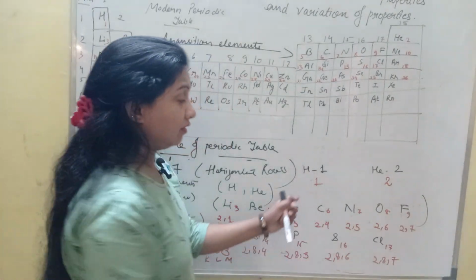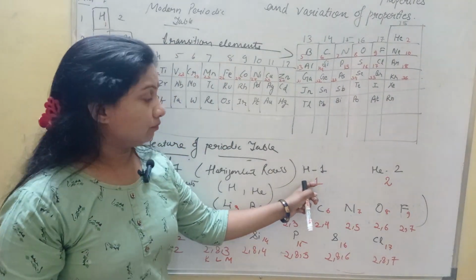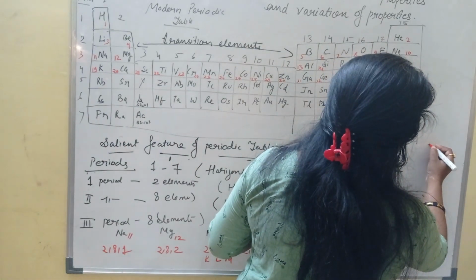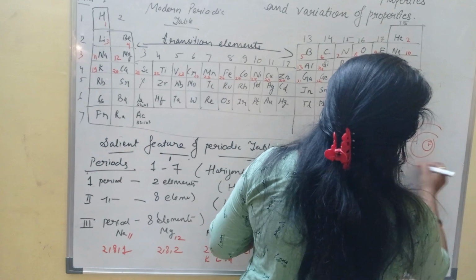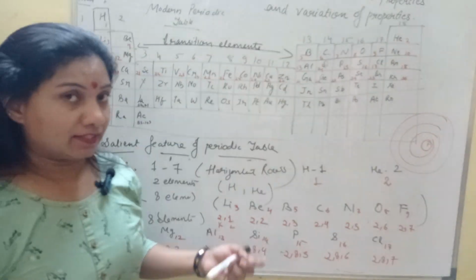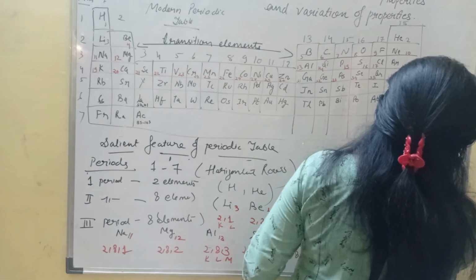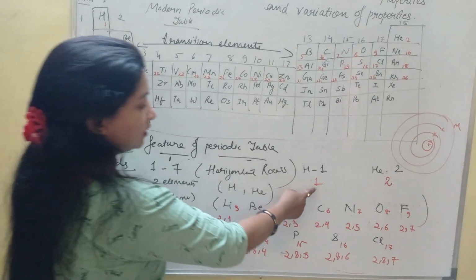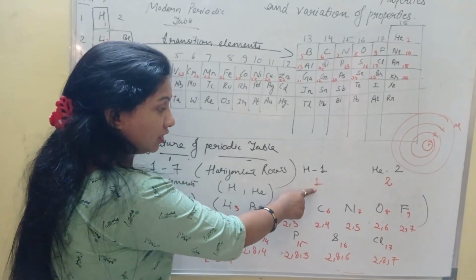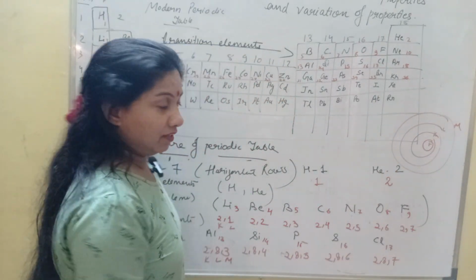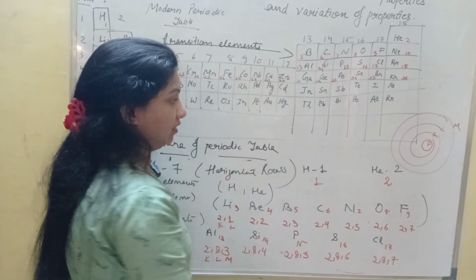Here, only 1 electron, so definitely it will be in the first shell. This is the nucleus, and this path, orbit, in which the electron is supposed to be revolving, is the shell, KLM. So you can count the number of shells from the configuration. Here it is 1 electron. That means that 1 electron is present in the first shell. So this hydrogen is having only 1 shell.